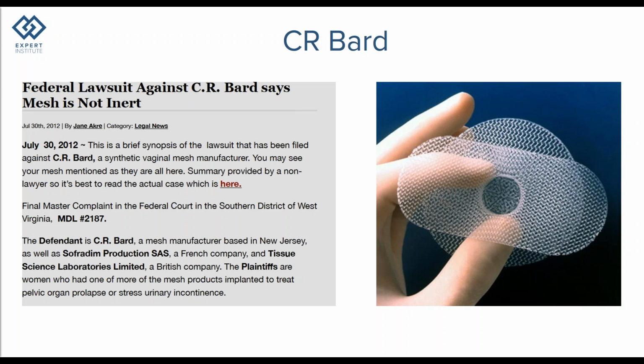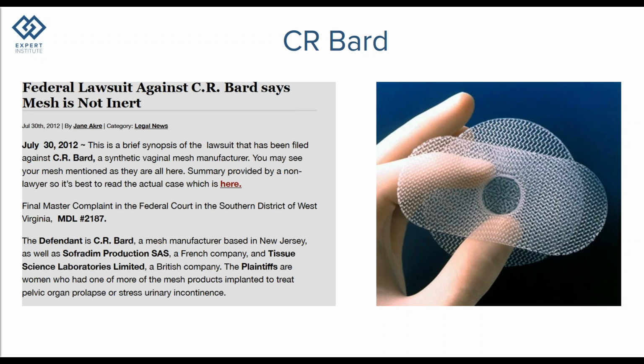But what's important, if you're first just trying to get information, is that not only does CR Bard as a manufacturer make a surgical mesh, it turns out that I asked Expert Institute to give me the brand names of some surgical mesh, pelvic, transvaginal mesh. It's all kind of a similar product.